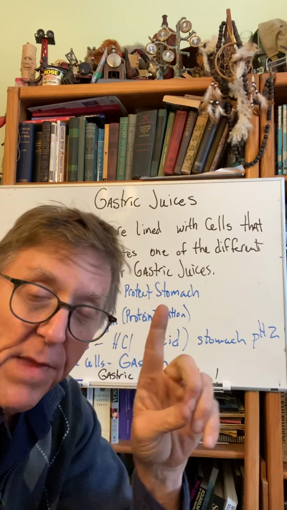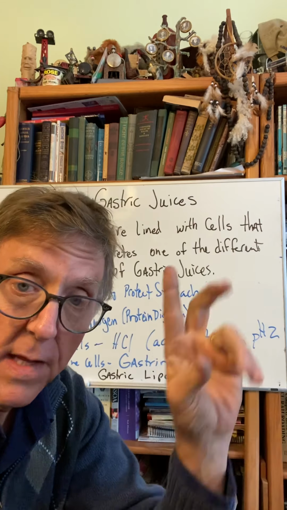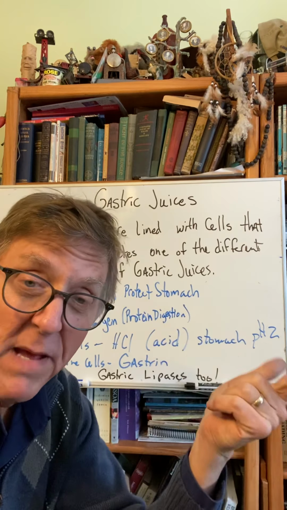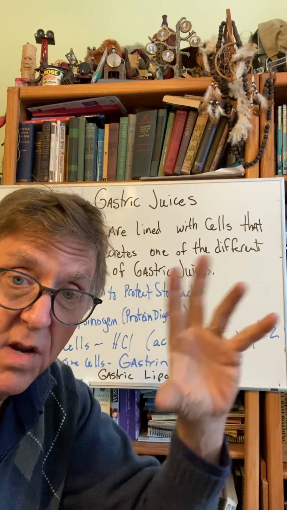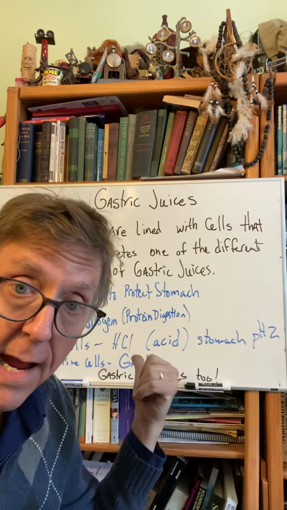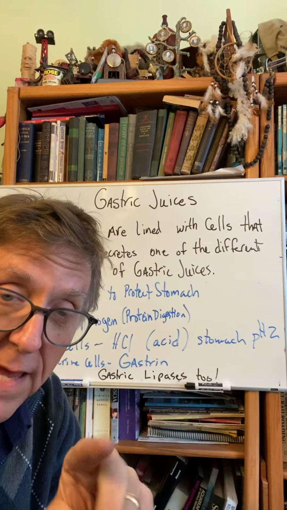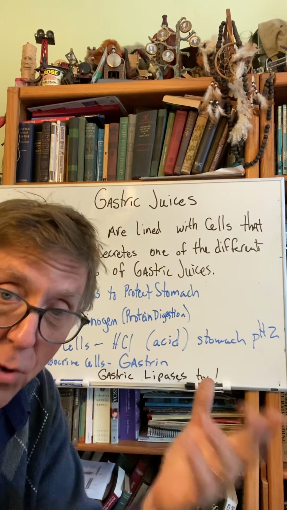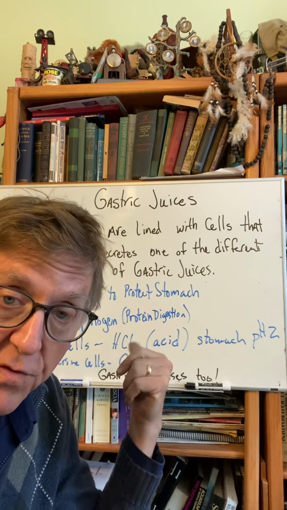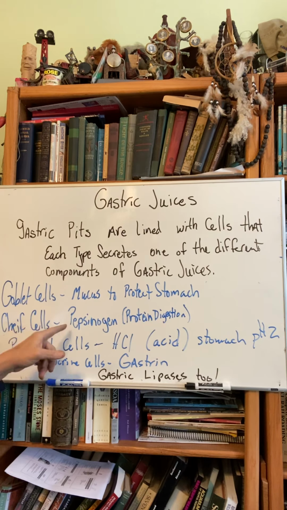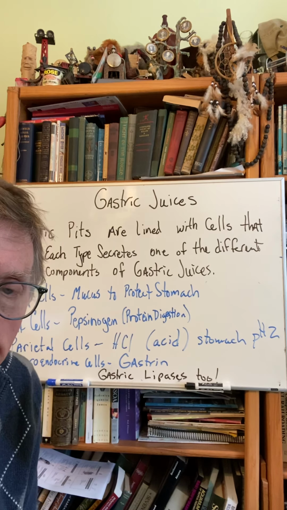We had said, in your mouth you have amylase that starts the process of digesting carbohydrates. In your mouth you have a little bit of lipase that starts the digestion of lipids, the fats. Well, here in the stomach, this is going to be the primary site of protein digestion. That's one of the major functions of the stomach, to digest that protein. And the protein is going to be digested by pepsin.